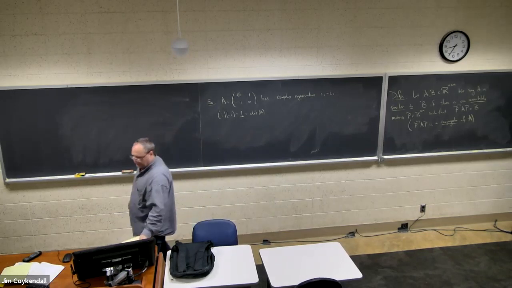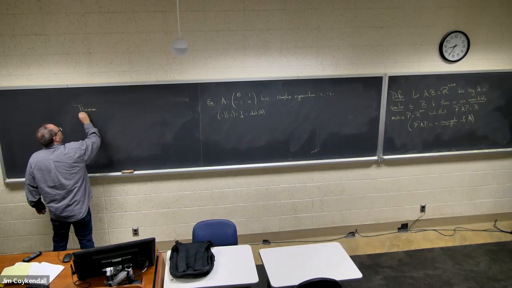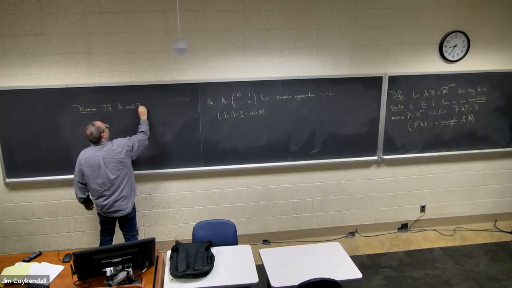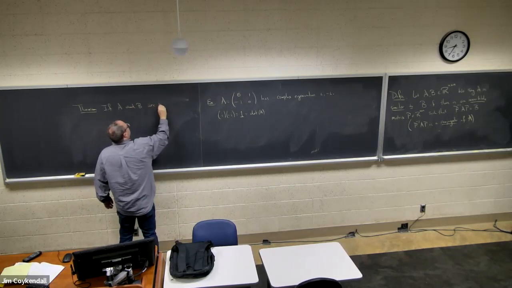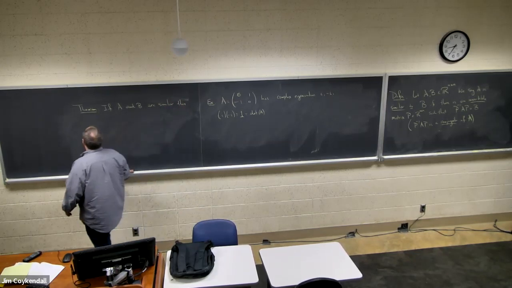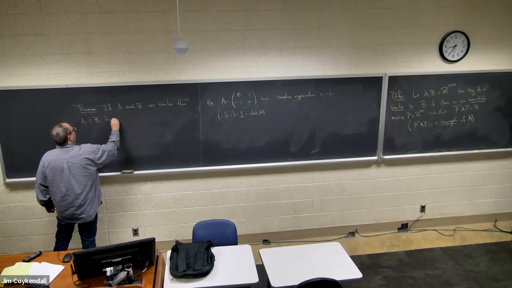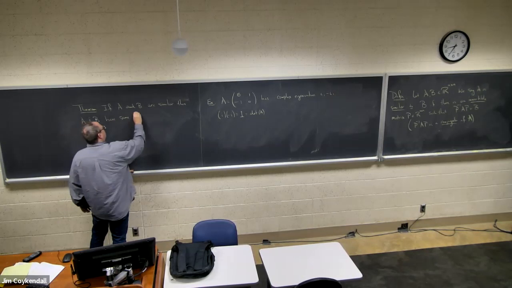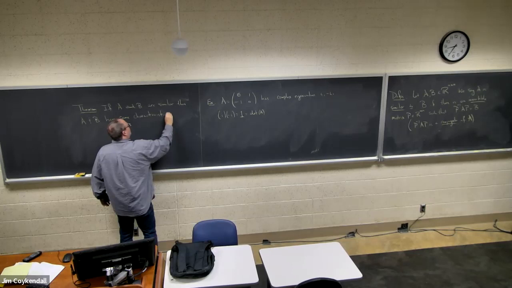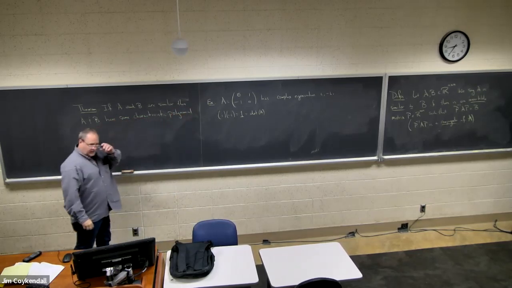But here is something I want to emphasize. If A and B are similar, then A and B have the same characteristic polynomial. Let me make this precise.